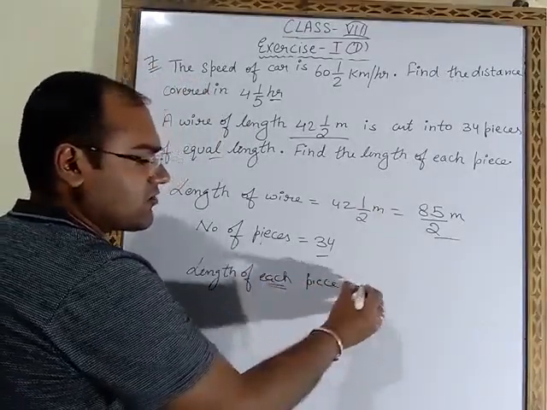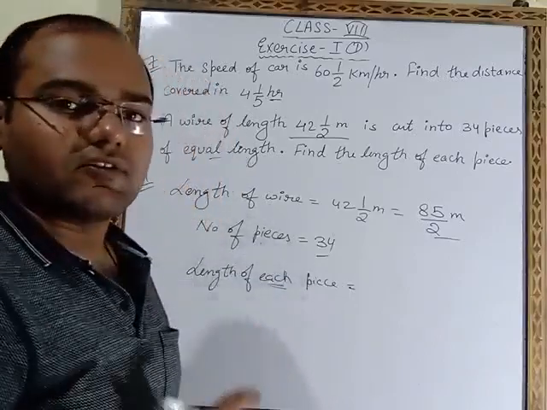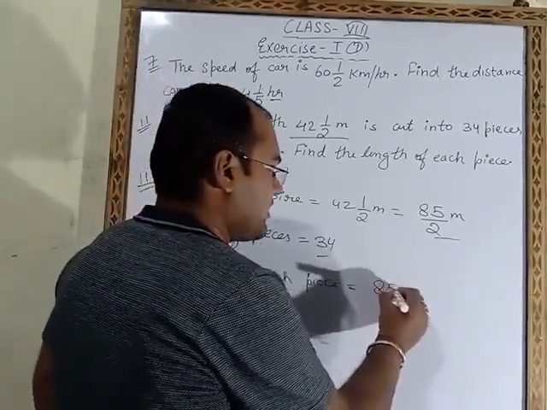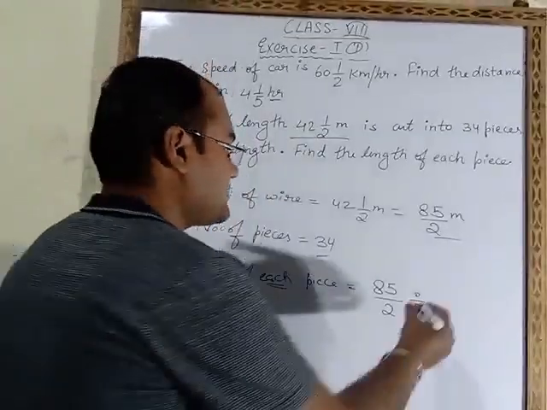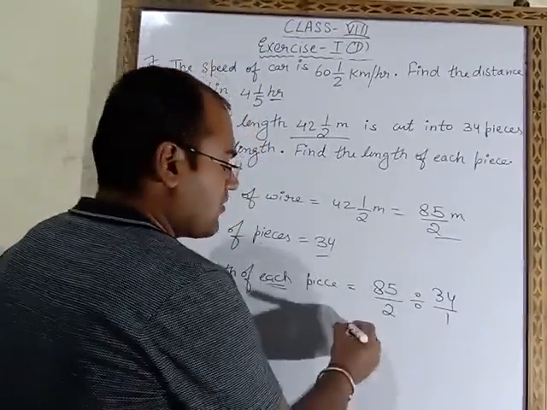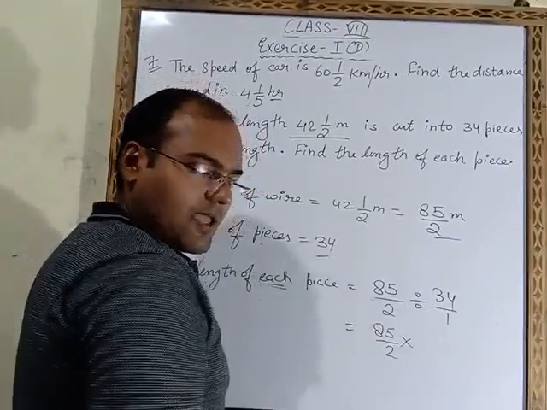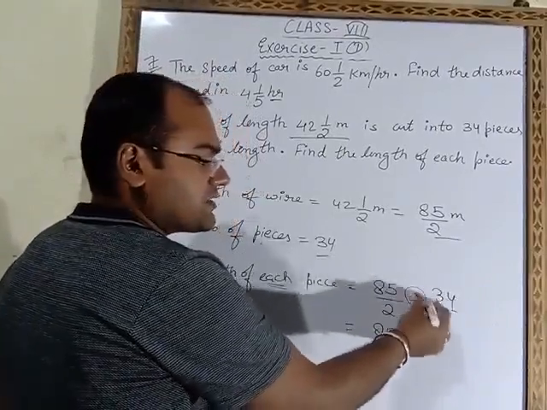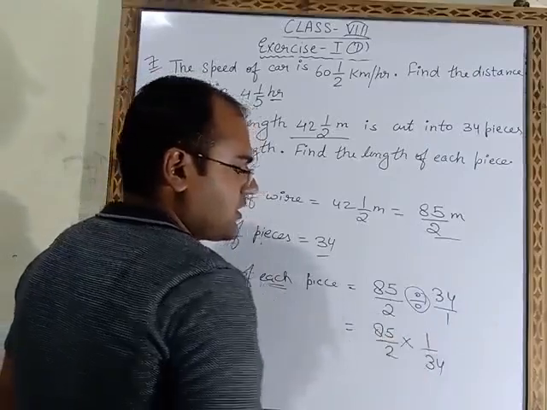For each, what you have to do? You have to divide it. For one piece length, we have to divide it. Total length 85 upon 2 divide with the number of pieces. How many pieces are there? 34 pieces are there. Under this we will take 1. Now 85 upon 2. This divide we will change into multiply. Then when we will change this divide into multiply, we have to take the reciprocal here. 1 upon 34.